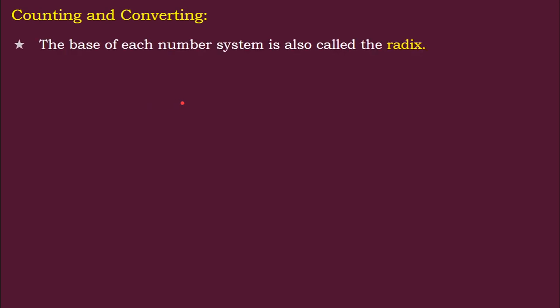Now let us see some concepts of counting and conversion. Normally, when we have number systems, we use the number system for counting, and also we make some conversion. So what conversion do we make? We have money in our country as rupees, and we convert that money into some other country's money, like dollars or pounds or yen.